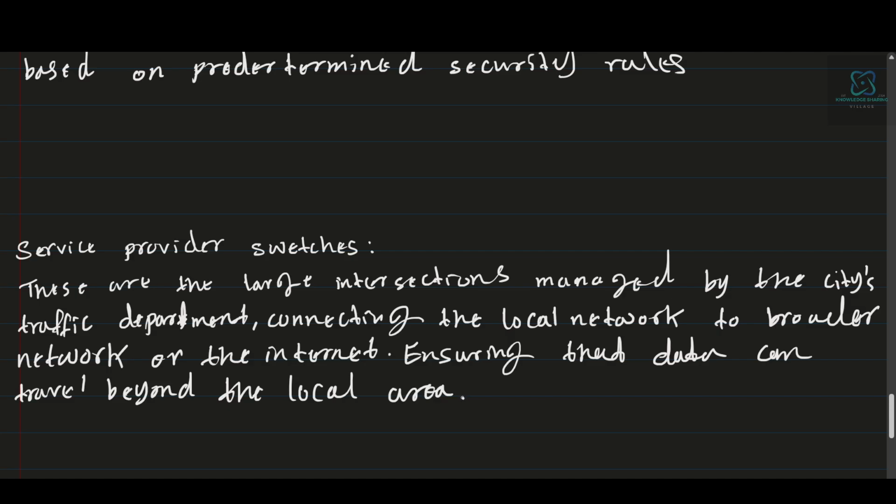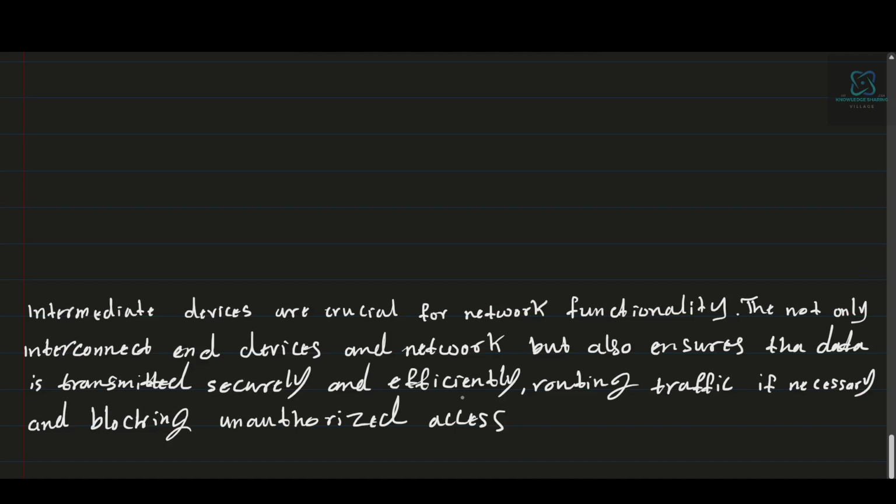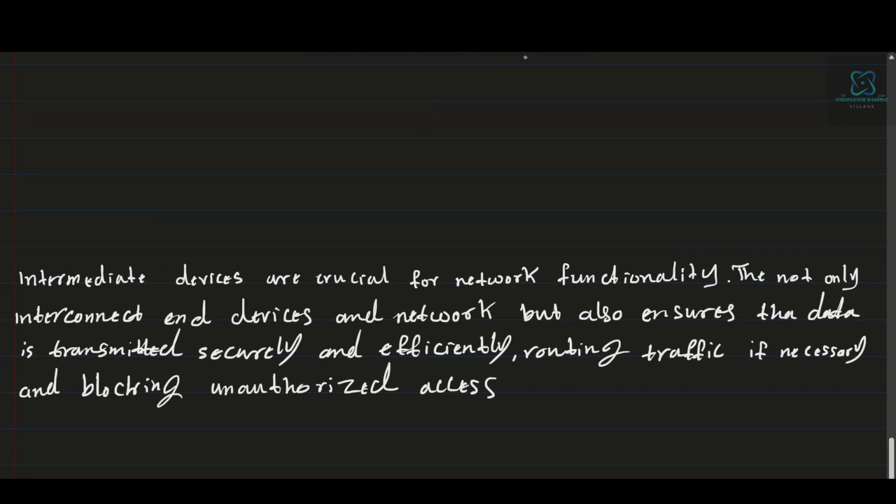Okay, so that was all the devices that we mentioned in the intermediate devices category of networking infrastructure. To sum it up this episode, intermediate devices are crucial for network functionality.